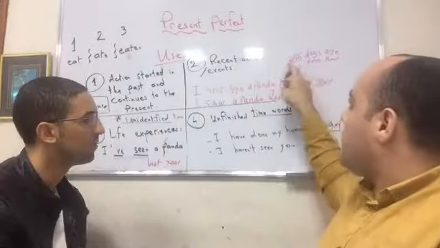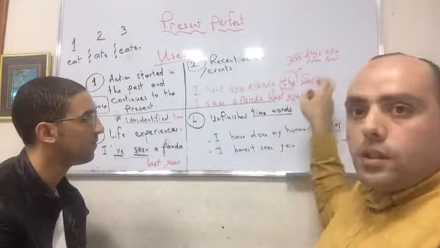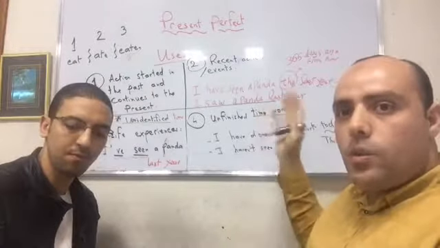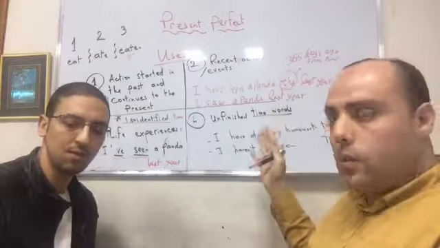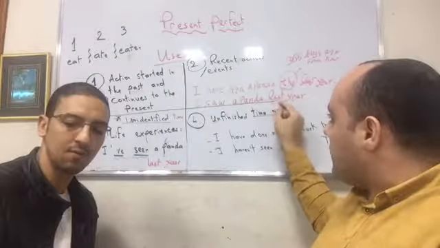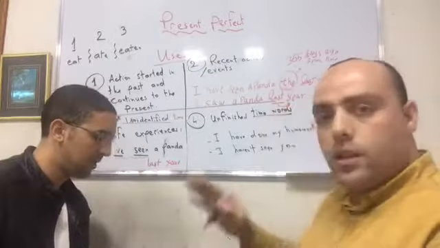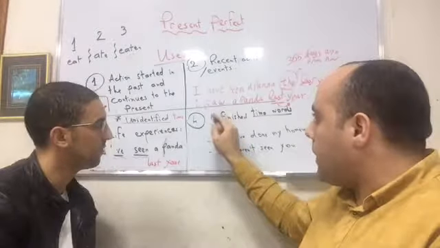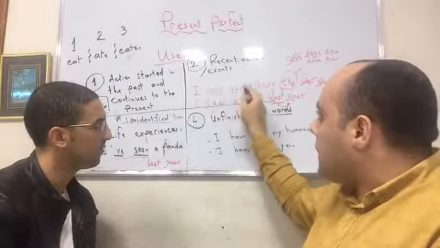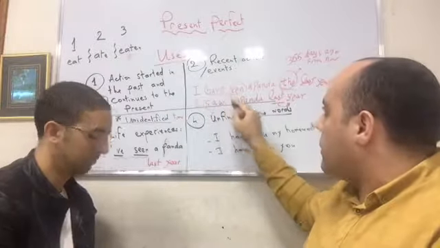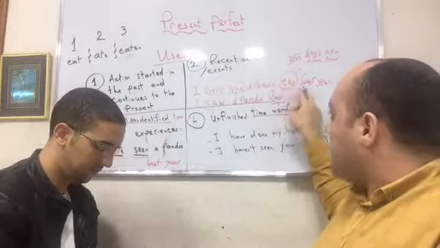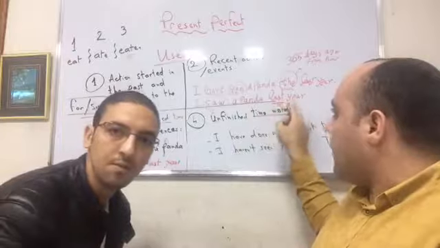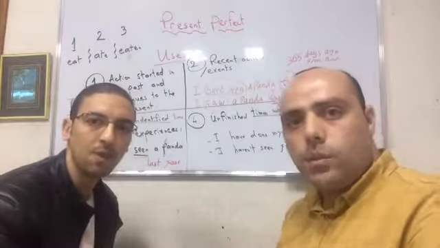Starting from 365 days ago till now, this is indefinite time. I do not know which day or what month or what week. But here it is last year, so it is a definite time. That's why we're using the past simple here, and have seen, the present perfect simple, there, because we don't have a definite time. So that's the difference between them.